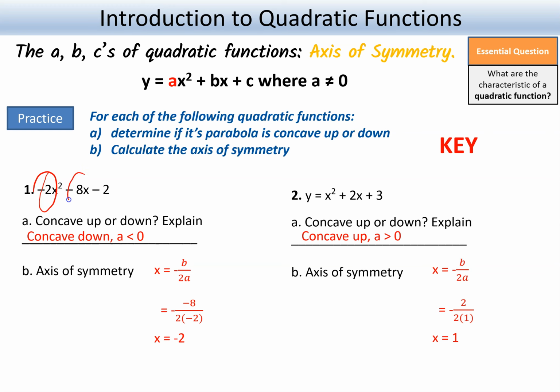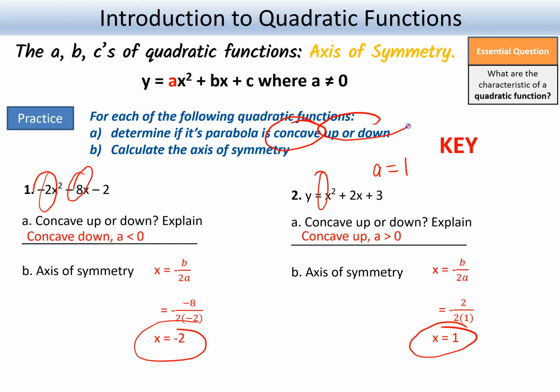Our b is negative 8. Remember to always take that negative sign with you. And our a is negative 2. So our axis of symmetry is x equals negative 2. And we're concave up on number 2 because our coefficient a in this case is equal to 1. And to calculate our axis of symmetry, we get 1. Okay, so that's two characteristics: whether it's concave up or concave down, and what's the axis of symmetry.